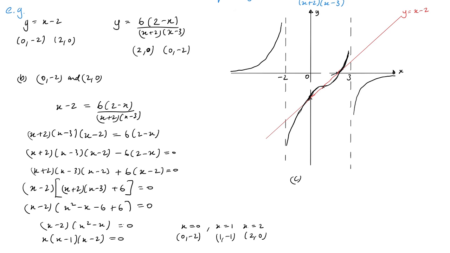So part C now, we want to write down the solution to the inequality when x minus 2 is less than or equal to 6 brackets 2 minus x over x plus 2, x minus 3. So we want when the black graph is equal to or above, larger than, the red graph. So we've got it between 2 and 3.